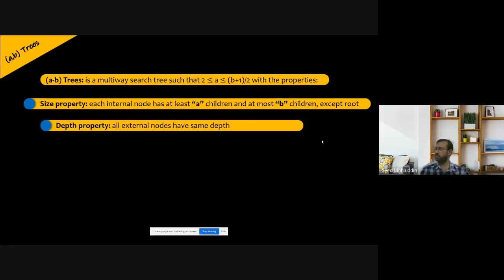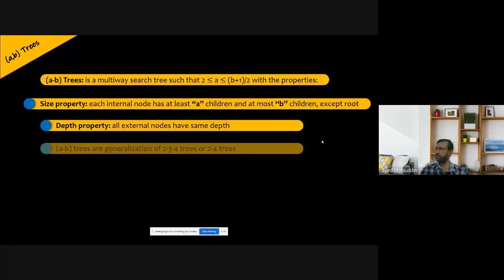This leads to a generalization of AB trees. That is what I told you about. It's called 2-4 trees, where 2 is A and 4 is B, or 2-4 trees are sometimes also called 2-3-4 trees. So let us take the value of A as 2 and the value of B as 4, and let us take an example and look at how these AB trees are created, how they work and how they are balanced.